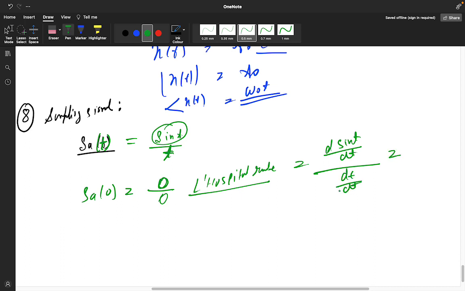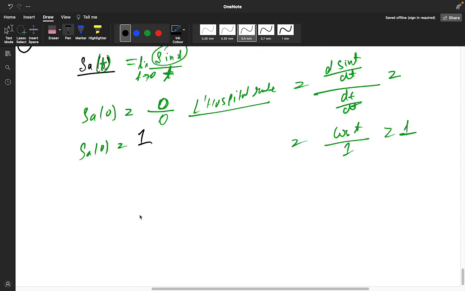Differentiation of sin t is cos t, and differentiation of t is 1. Now put the limit t tends to 0, so you will get 1 only. So sampling of 0 is not 0, it will be 1 due to L'Hospital's rule.